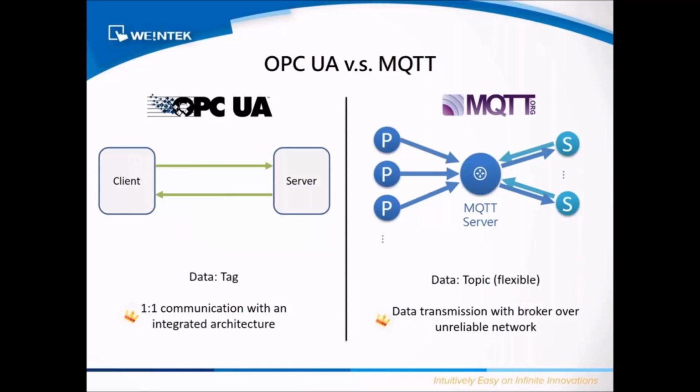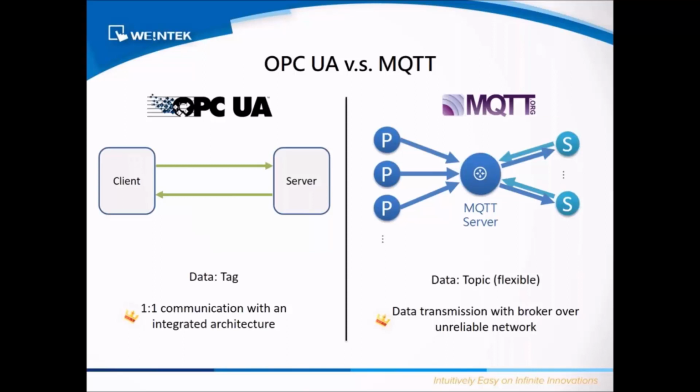But if you have a relatively complicated system, so if you have many clients and many servers, then I would recommend you to use MQTT, because it is a topic-based and flexible communication. So you don't have to manage every connection by yourself. You can just use topic and then subscribe to different things that you are interested in.